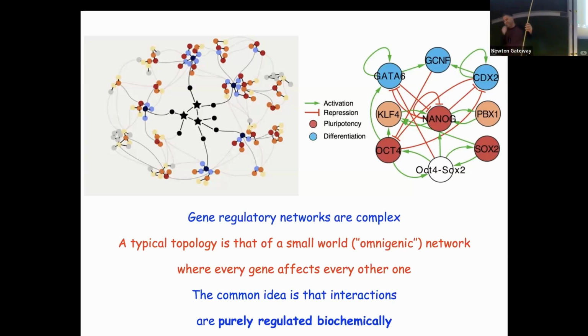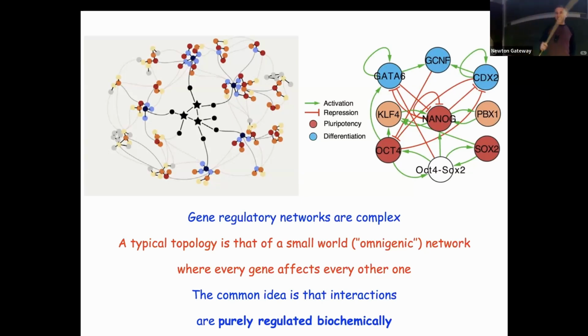The one on the left is a speculation from the biological paper. The one on the right is a pluripotency network, which is indeed omnigenic. So if you touch one node, you will affect every other node, essentially, or any node will depend on every other node, which is a little bit annoying for a modeler, because you need n times n of these if you want to model a network. Or many parameters.